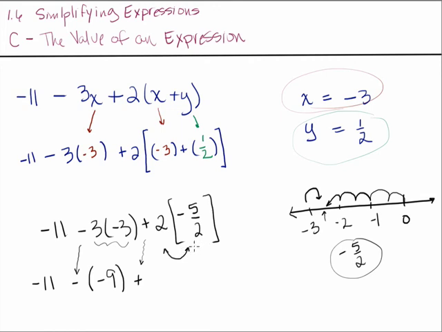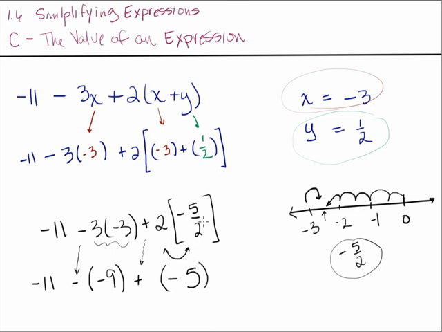Then I'd be thinking 5 halves times 2 means 5 halves of 2. 5 halves of 2 is 5 times as much as 1 half of 2. Since 1 half of 2 is 1, 5 times that is 5. This is a positive times a negative, so this needs to be a negative 5.